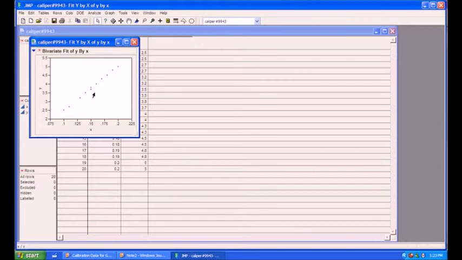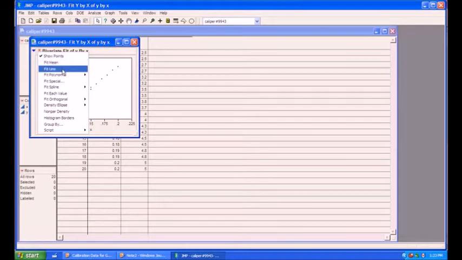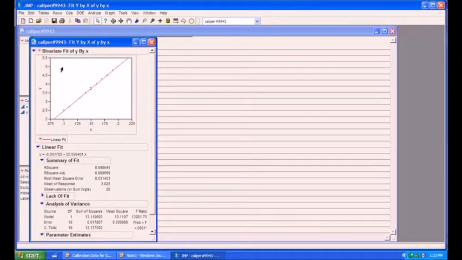In order to get JMP to give me a complete regression report, what I need to do is come over here and tell it to fit a line.